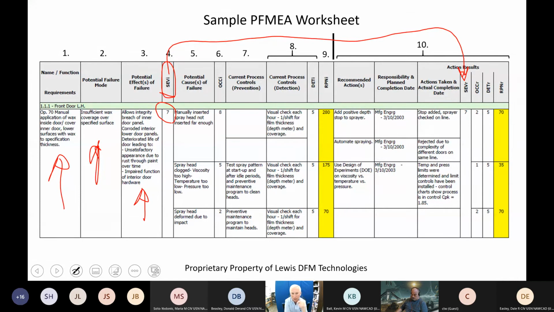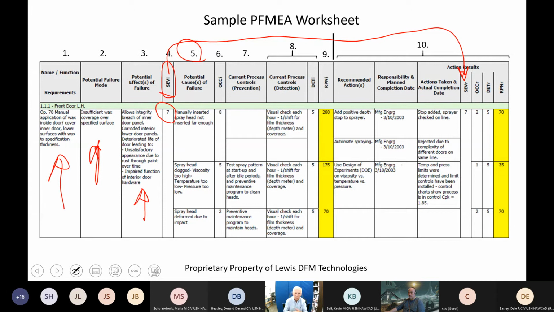Then we move on to block 5, where we have potential causes of the failure. And this comes out of the wishbone, or not wishbone, the fishbone diagram. Sorry about that. Didn't mean to make it a little funny there. These are the potential causes. And the one is manually inserted spray head is not inserted far enough.